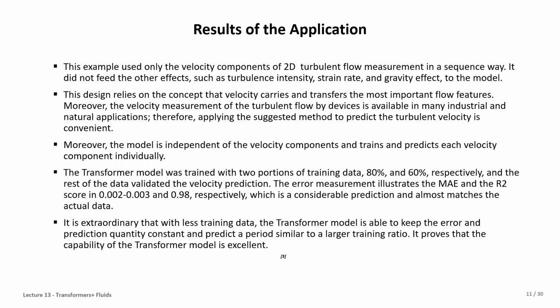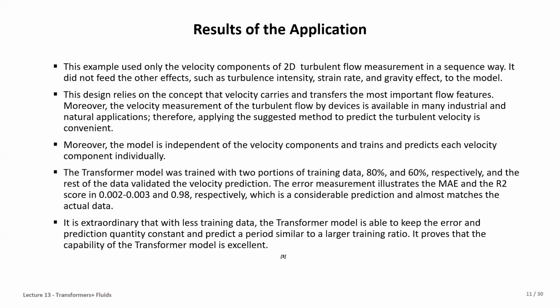But we did not use these effects for training, and they did not have a direct training on the model, but only with the time series velocity and position of every single particle. We were able to have this simulation and prediction of the following period of the fluid.